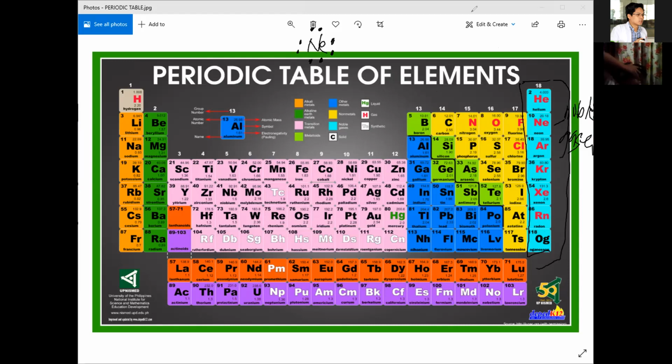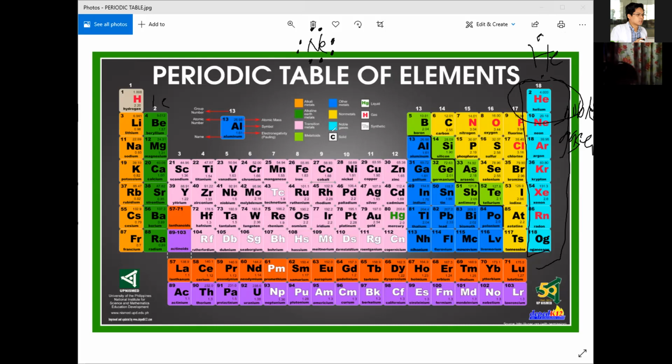Helium has only two valence electrons, but it is considered as one of the noble gases. Supposed to be, helium should be here, but because helium is a noble gas, it should be written here. Helium has only two valence electrons.